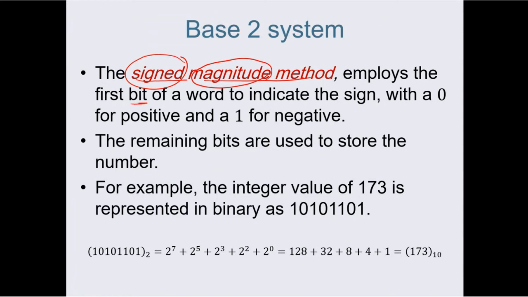The first bit of a word is saved for the sign, where a 0 indicates a positive number and 1 a negative, because bits mean either zeros or 1, nothing else. If you have 0, then it's a positive number. If you have 1, then it's a negative number. And the remaining bits are used for the actual number.